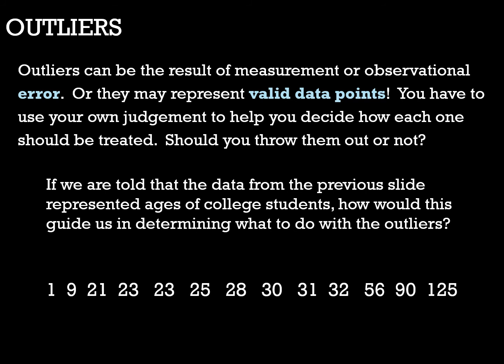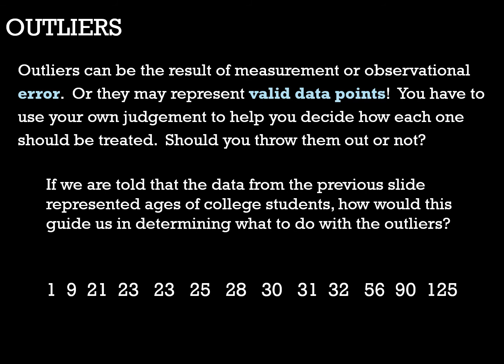Now, that same data set, if I were to tell you that data represents ages of college students in, let's say, one of my classes, how would that help us determine which of these might be considered impossible values, and which might be okay? Well, any in the 20s and 30s would obviously be ages of people in a college class. Even the 50s would be.